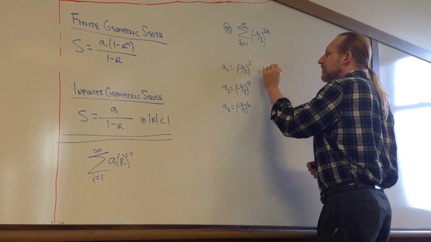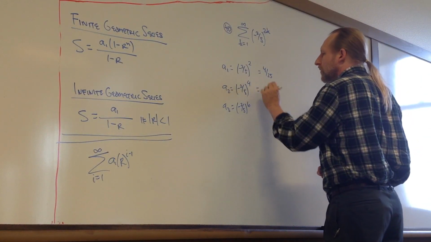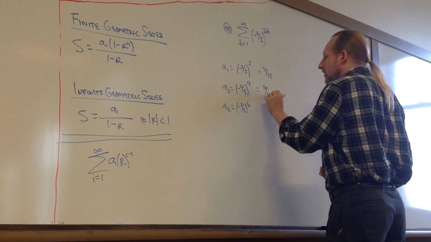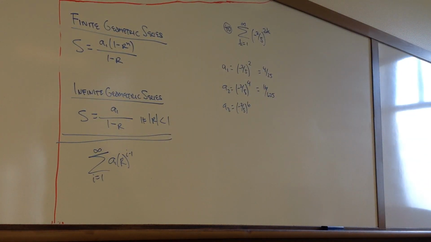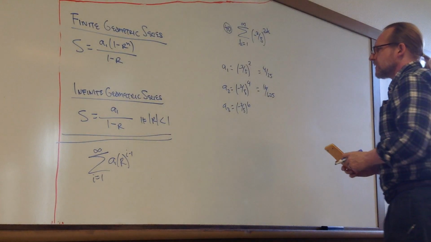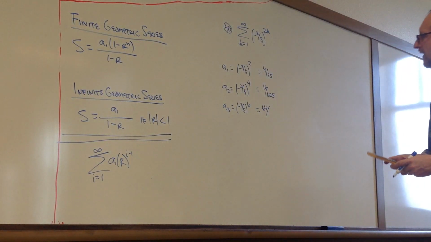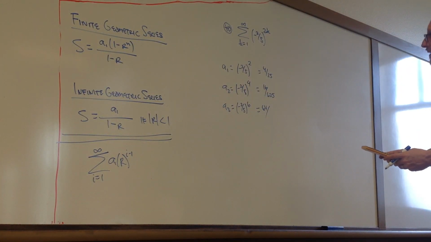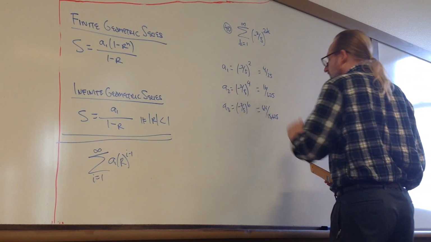So this is going to be 4 over 25. This one is going to be 16 over 625. And let's see here, what's the next one? 2 to the 6th power should be 64. And then 5 to the 6th power, 15,625.